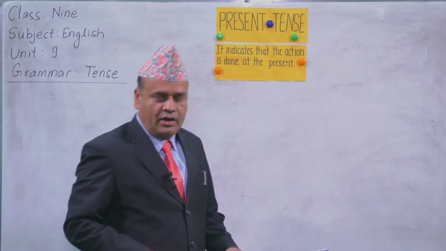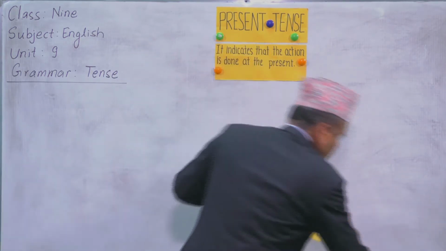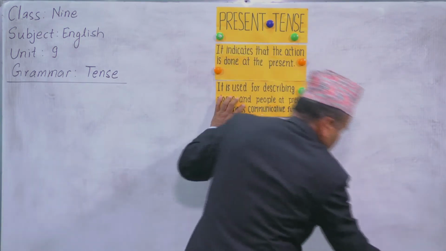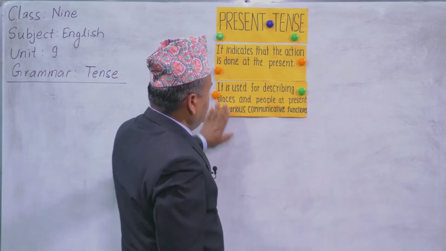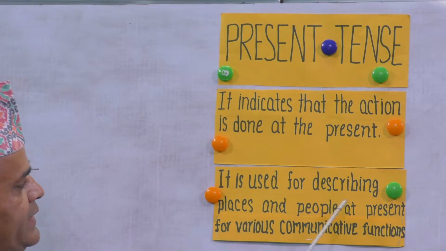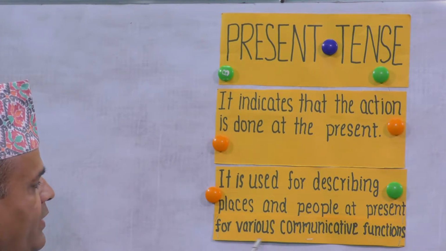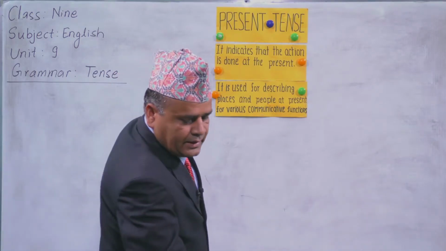present. Or it has also another thing you need to learn. For example, like you see here now. It is used for describing, okay? So it is used for describing places and people at present for various communicative functions, right?